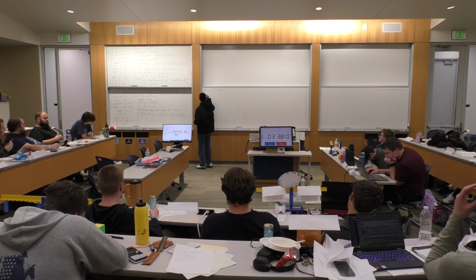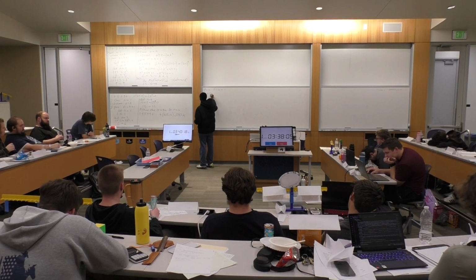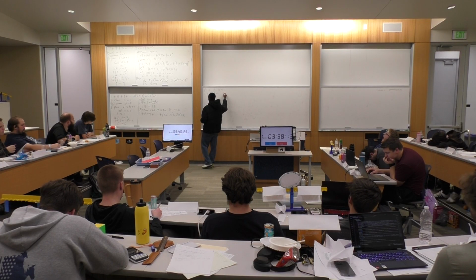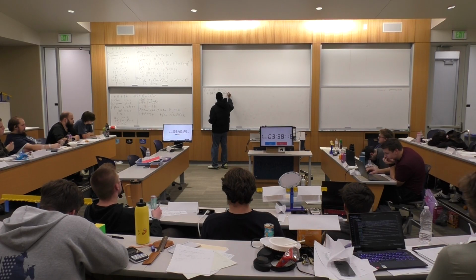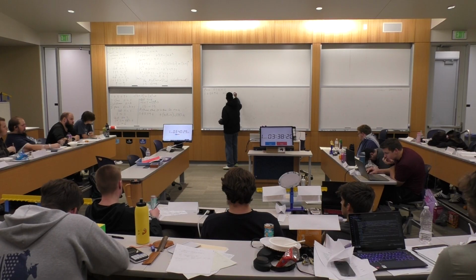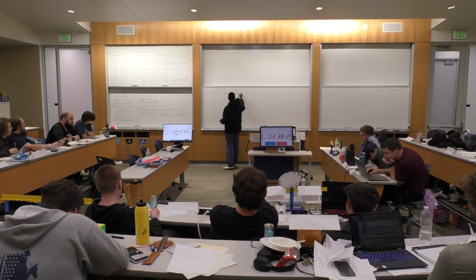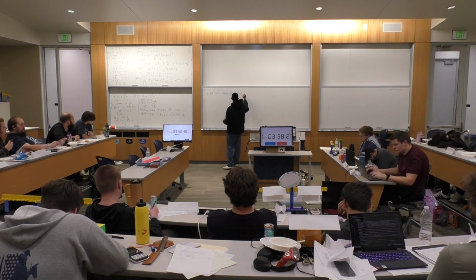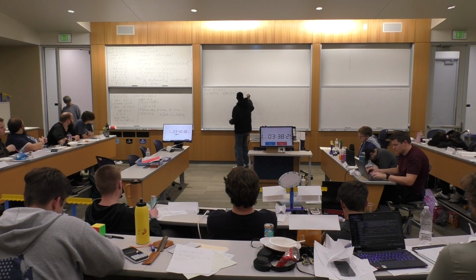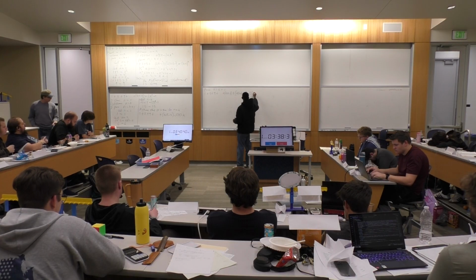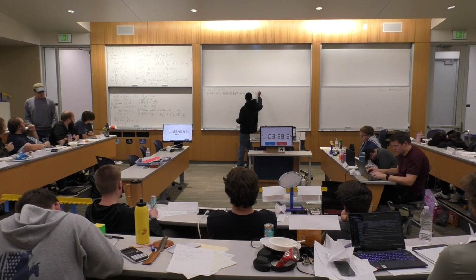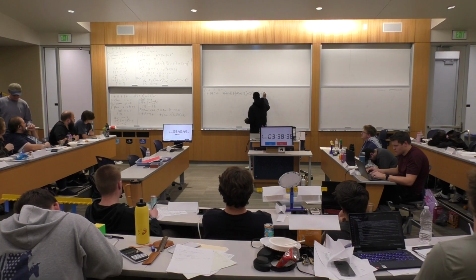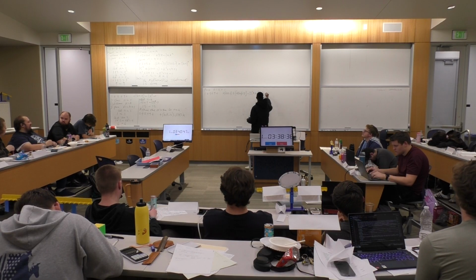Hence, you have 1 plus 5 plus 9 plus ... plus 4k minus 3 plus 4(k plus 1) minus 3 equals 2(k plus 1) squared minus (k plus 1).